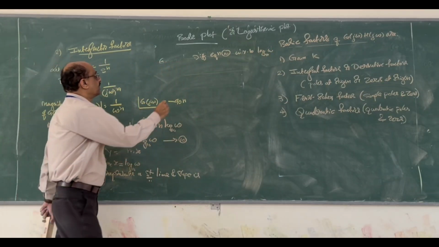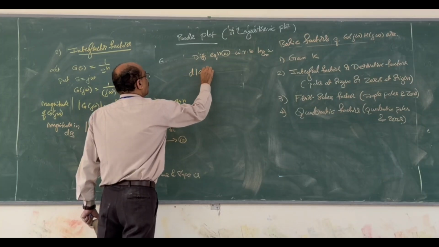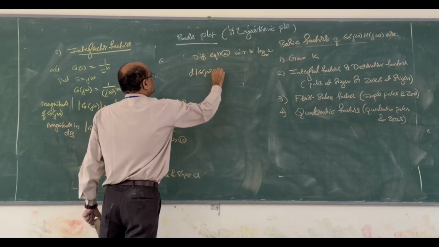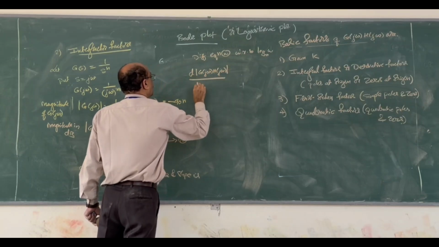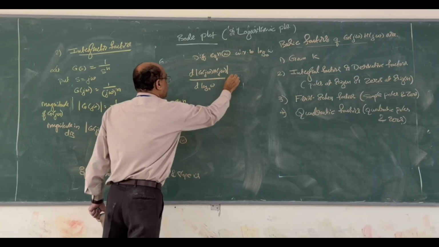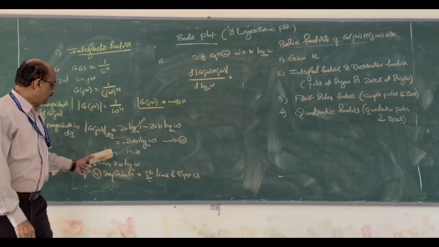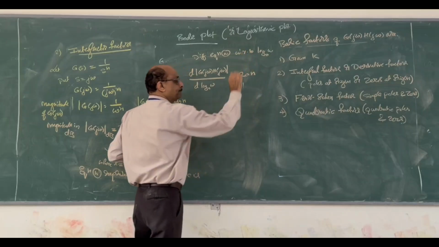You get d of the gain in dB of G(j omega) divided by d of log omega base 10, which gives you minus 20n.